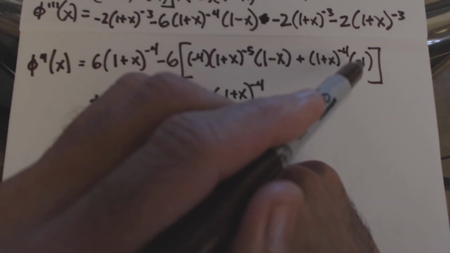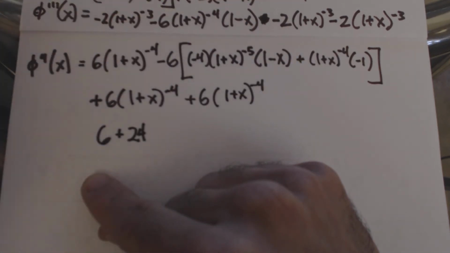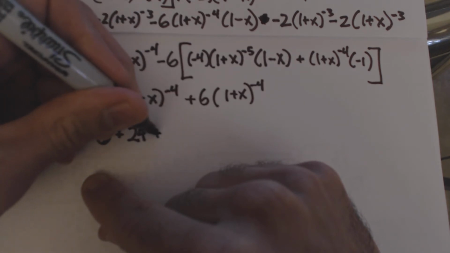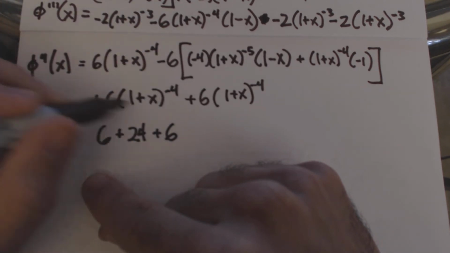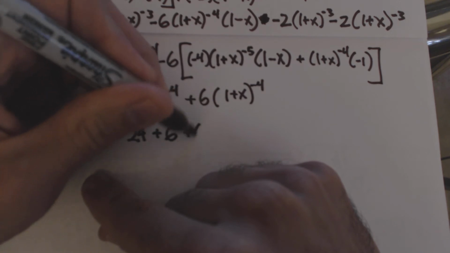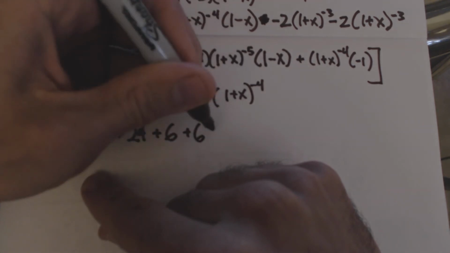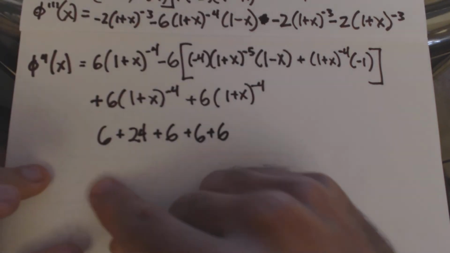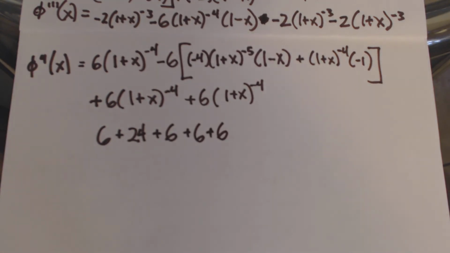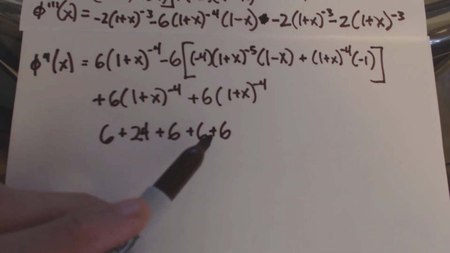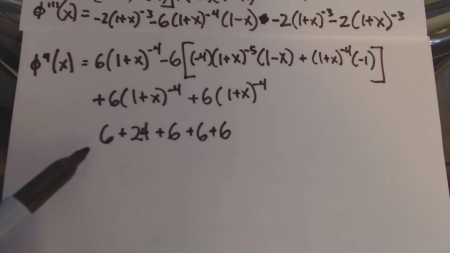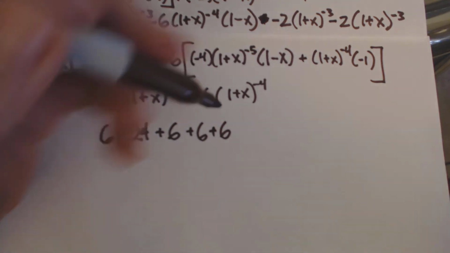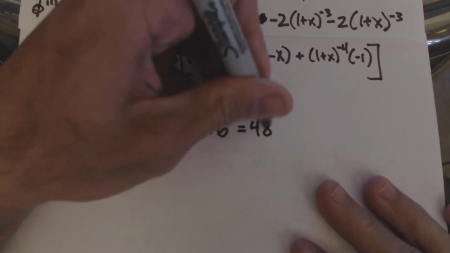The second term, we have a negative 1 times negative 6, so that's plus 6. And then we have another 6, and then we have another 6. So that's going to be 24 plus 6 plus 4 sixes, which is another 24. So that's going to equal 48.